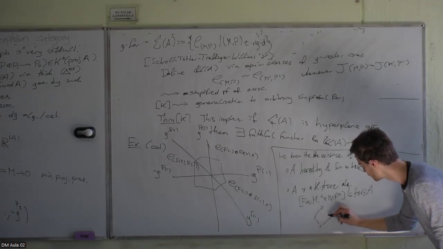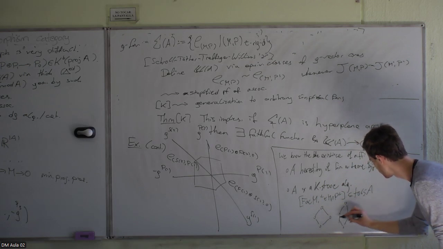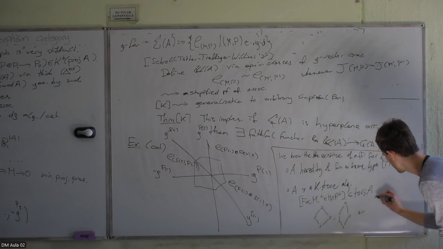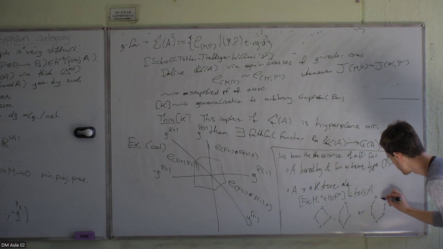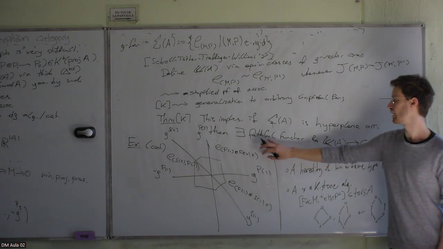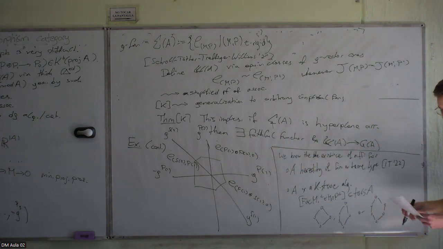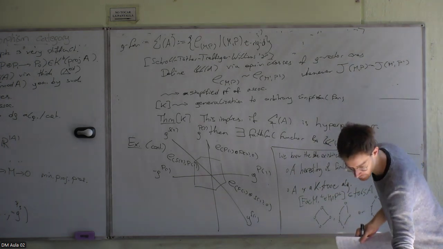It's either a square, a pentagon, or a hexagon. So for these two classes of algebras, we know it, and for algebras which are hyperplane arrangements, we know it.